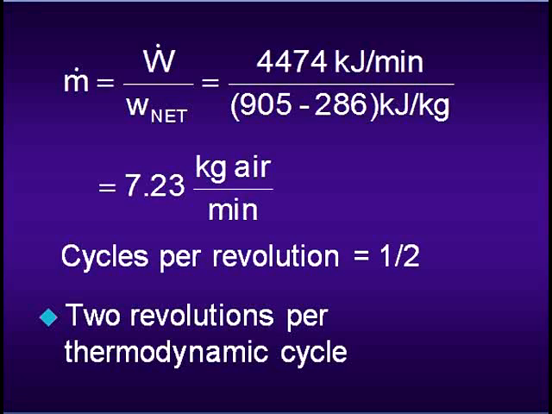So that gives us 7.23 kilograms of air per minute that we need to process. Now for every revolution, we actually have one thermodynamic cycle. And the reason for that is, when we looked at those 4 steps in the Otto cycle, that's just processing the air that's in the cylinder.